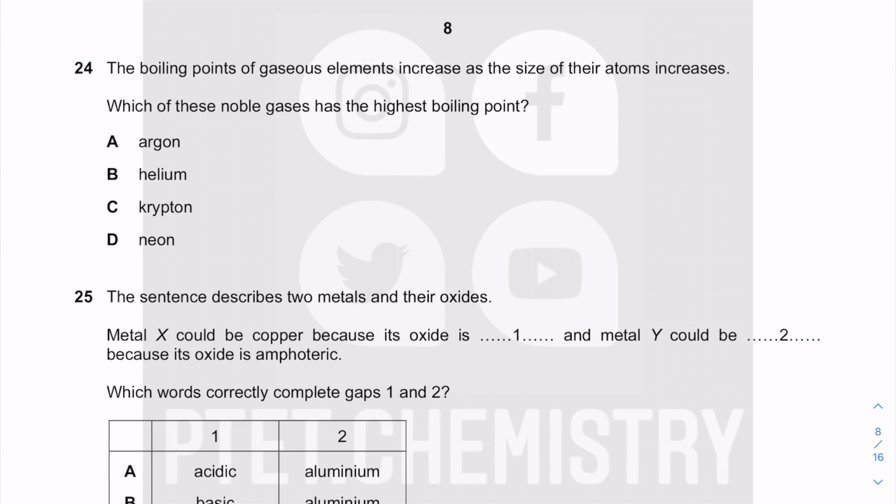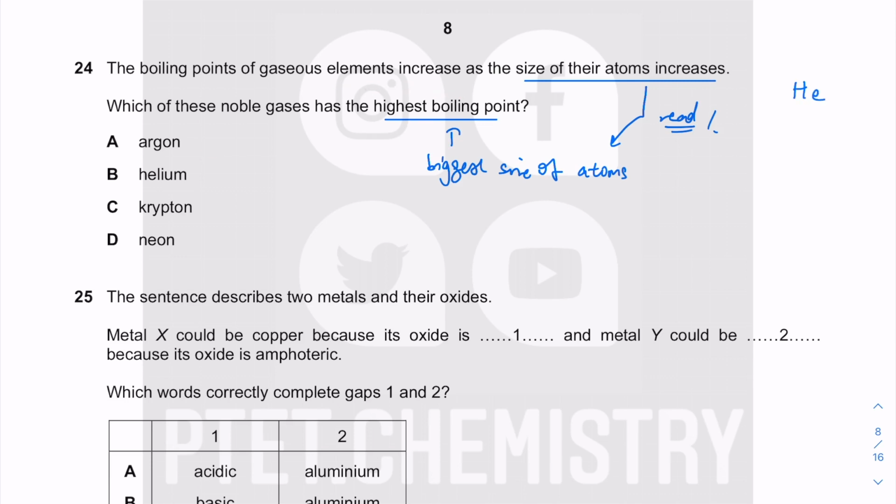24, boiling points of gaseous elements increase as the size of the atom increases. Which one has the highest boiling point? Highest boiling point would mean biggest size based on the information that they have told you. If you read that, as the size of atom increases, the boiling point increases. So these are noble gases.